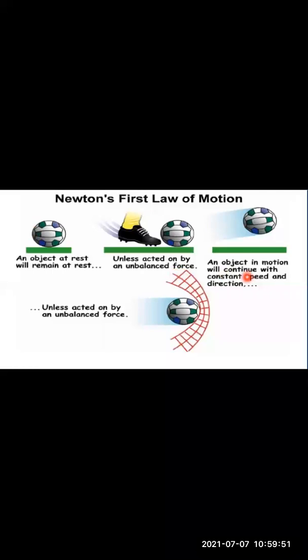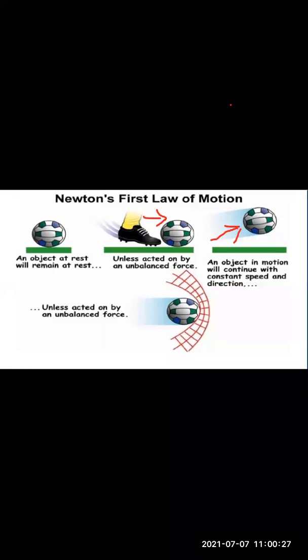An object in motion will continue with constant speed and direction. The moment the footballer applies a force on the football, it will definitely start moving with some velocity in the forward direction, and it will continue to move in the forward direction. So again, the inertia part has come into the picture. Here inertia says the body will continue its motion.